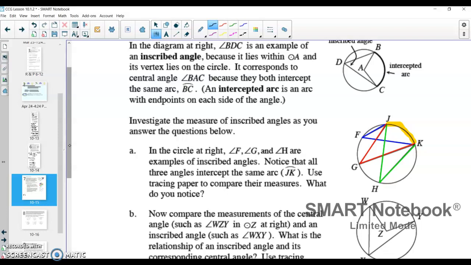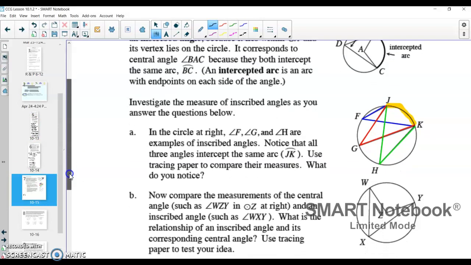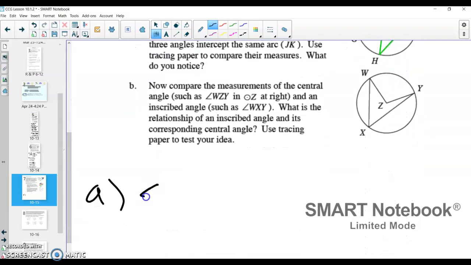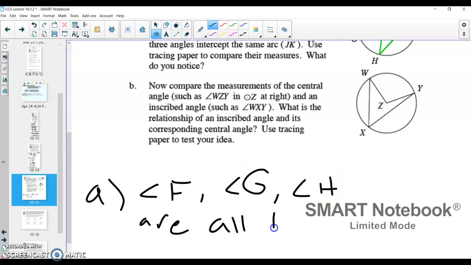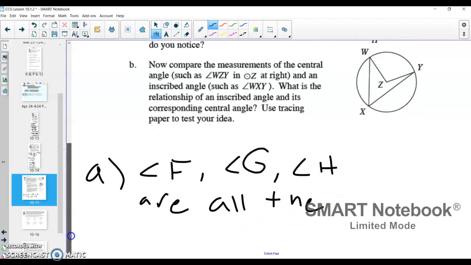Now we want to use tracing paper here to look at angles F, G, and H. And what do you notice? Well, what we hope to notice if we did this was that angle F, angle G, and angle H are all the same. Or another way to say it, you could say that they're all congruent, but I'll say all the same.